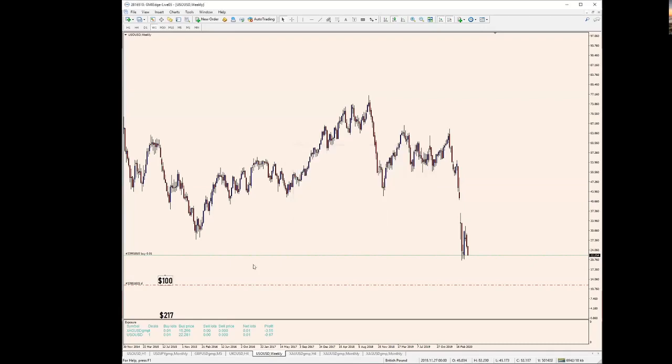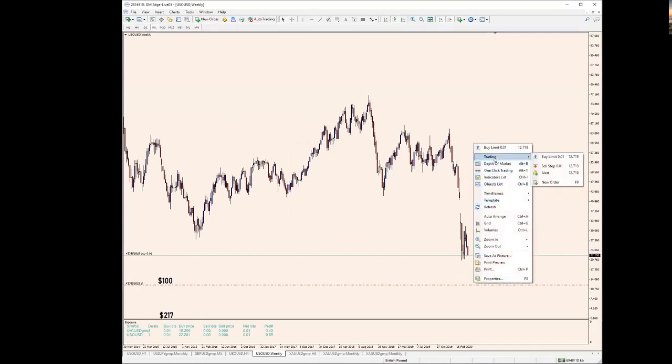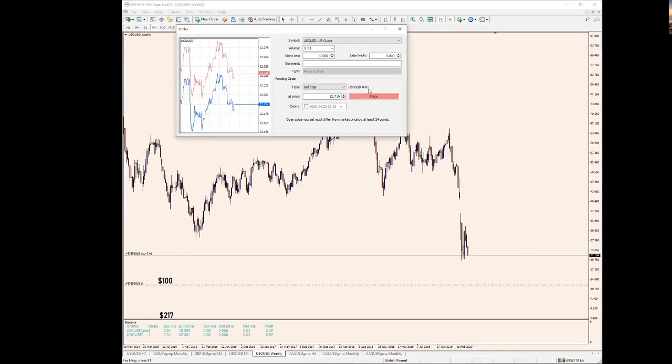Okay, so what I'm going to do now is just leave my oil trade running. I buy here, and instead of a stop loss, I'll place a sell stop.